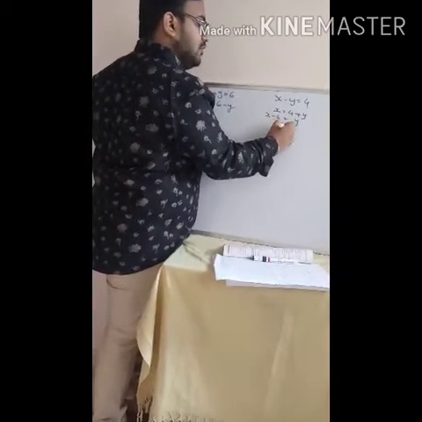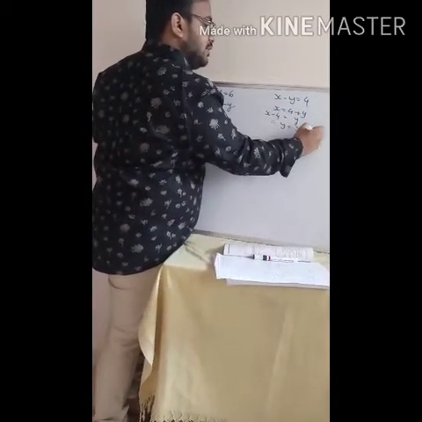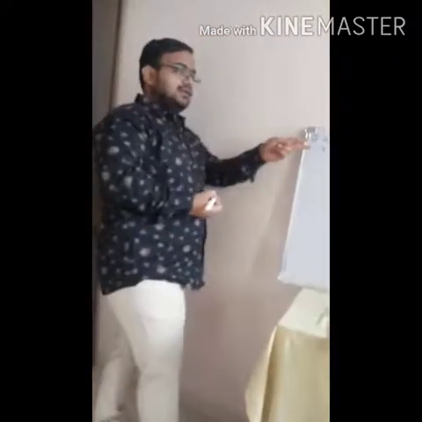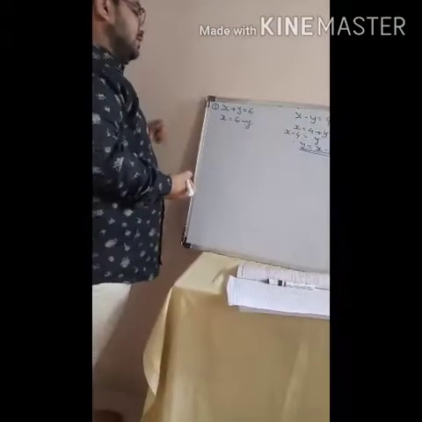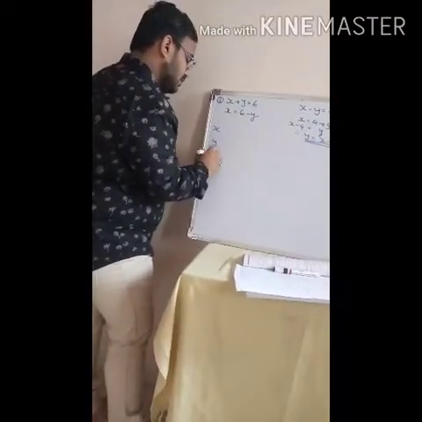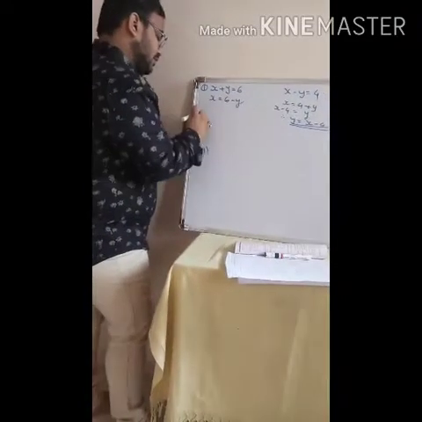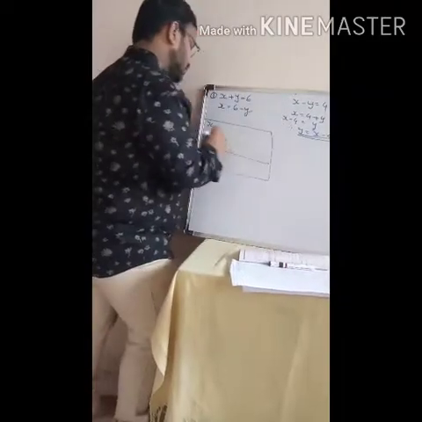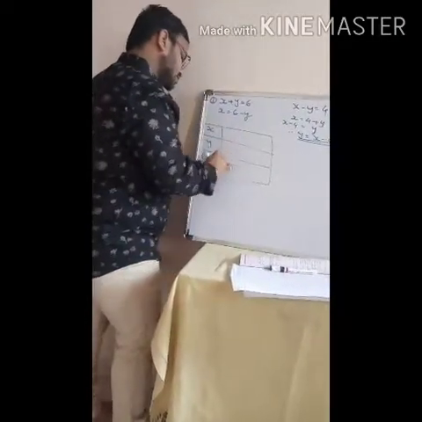Therefore y will be x minus 4. Okay, look here. Now we'll make the tables. x, y, x, y. Let's see what we can take.